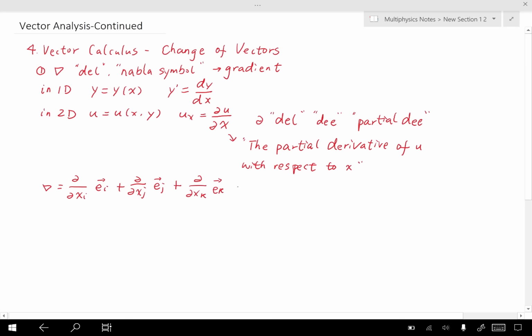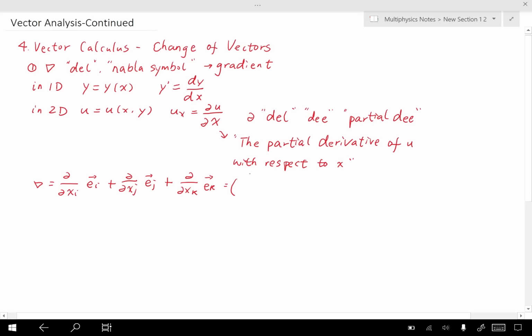It's going to look like this. Some people represent it as, it has 3 components. So this is the formulation of the gradient.